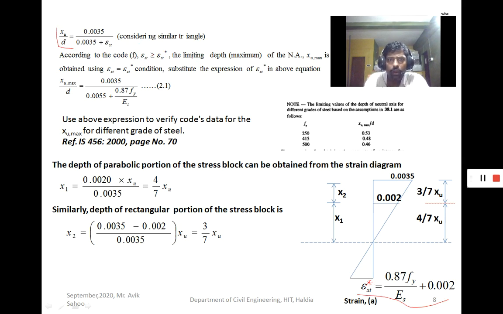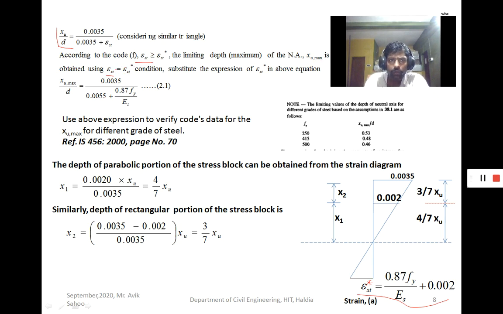So from the limiting strain we find the limiting depth of the neutral axis, that is xu max. Xu means the depth of neutral axis, and the maximum depth of neutral axis is obtained using the limiting condition. So what is the limiting condition? The limiting condition is epsilon st equal to epsilon st star.